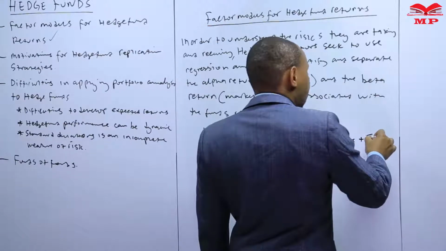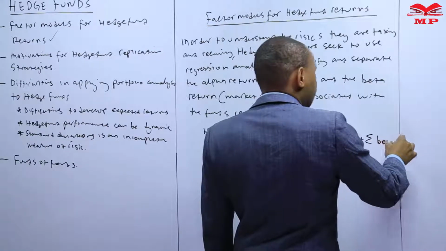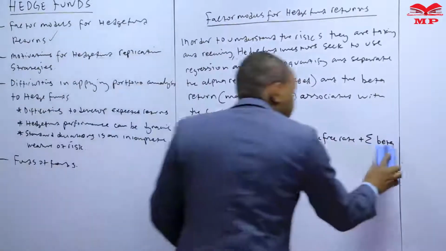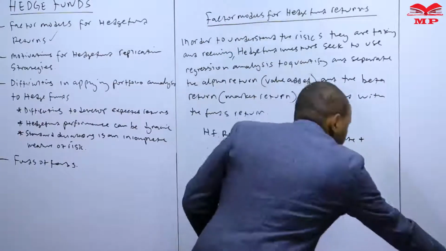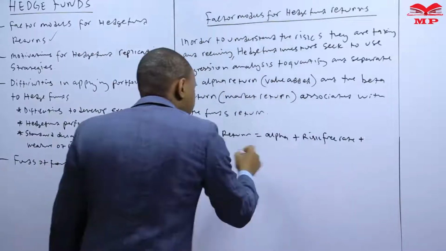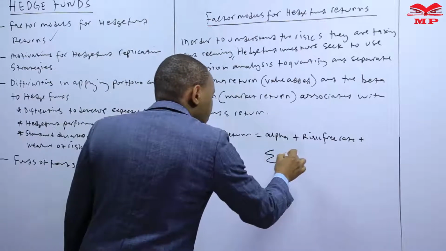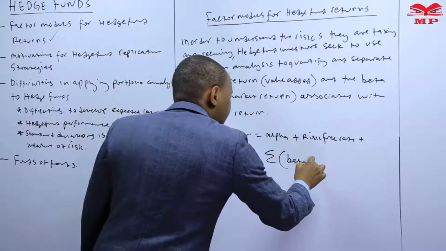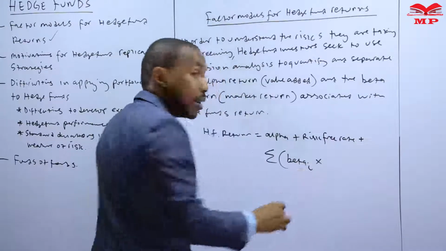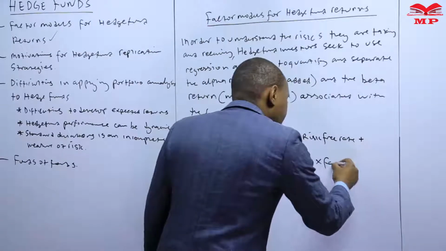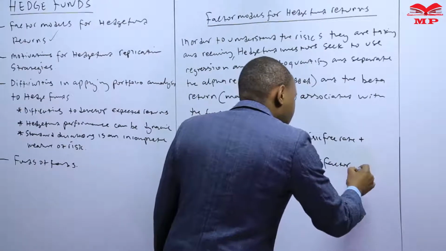So there's a big plus there, we open the brackets, summation of beta i multiplied by the factor i.